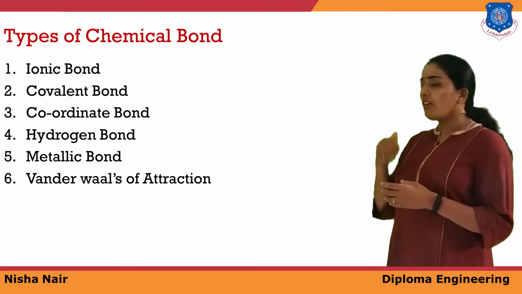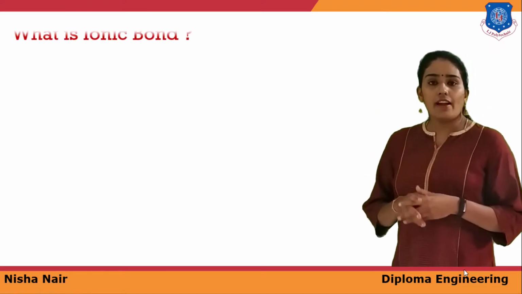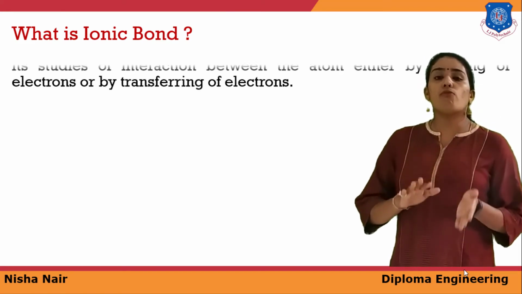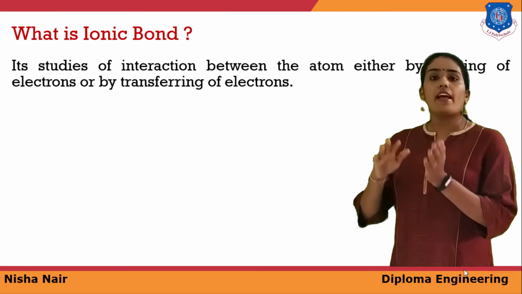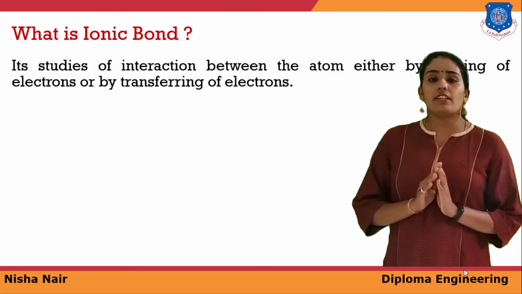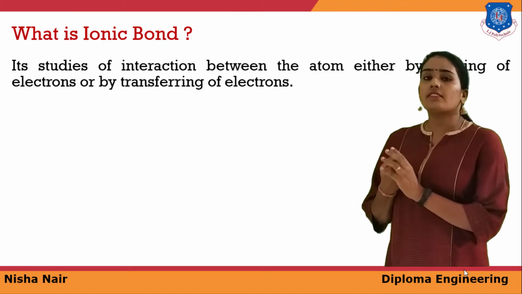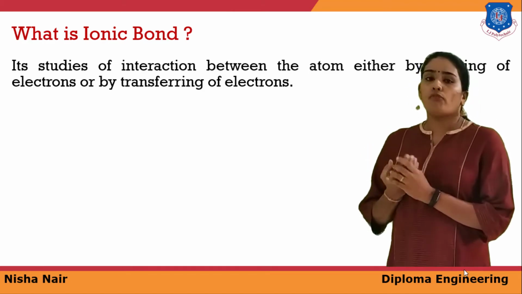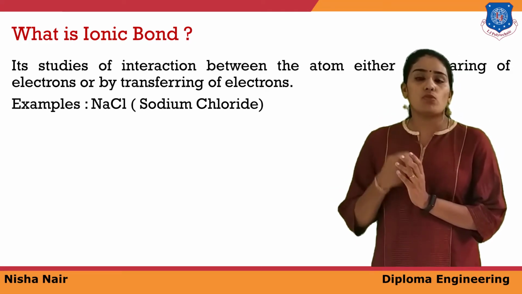So let me go to our first topic. It is about ionic bond. So what is ionic bond? Ionic bond means transfer of electrons from one atom to another atom. Here electron transfer takes place from one atom to another atom, means one atom is completely giving its electron to another atom. Now an example for ionic bond is NaCl, which is known as sodium chloride.